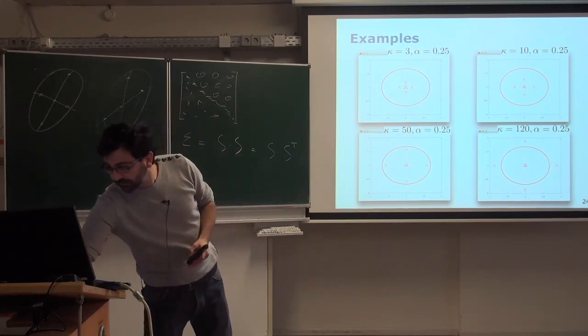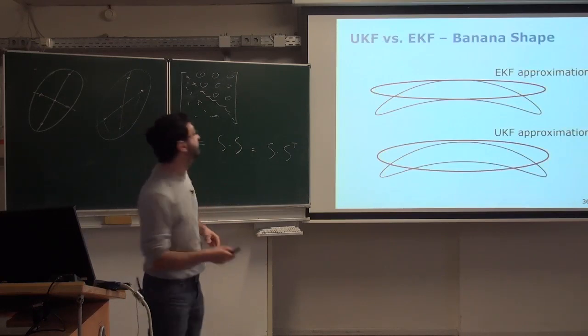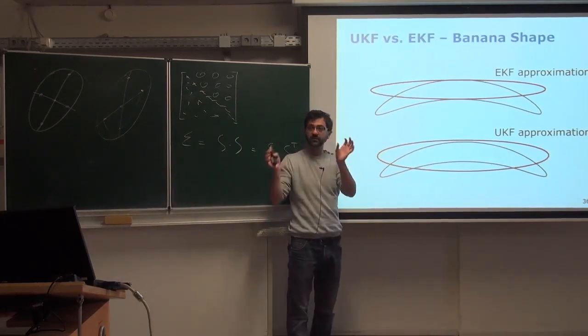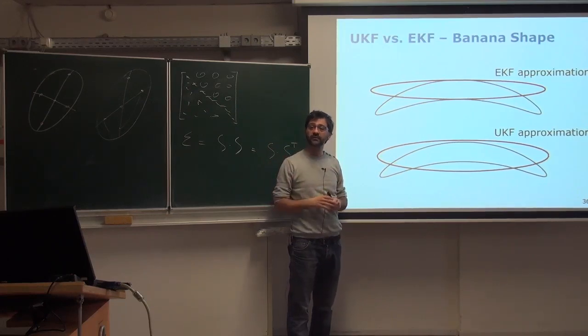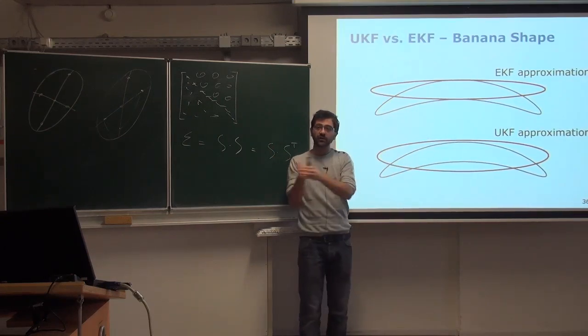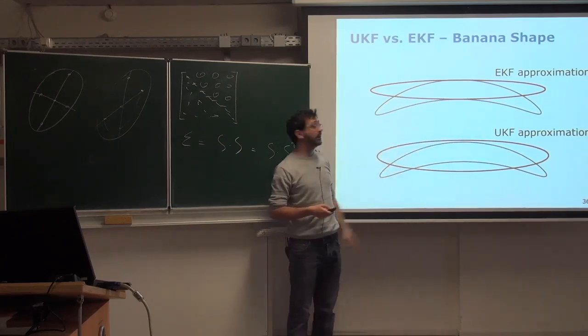I'll put a slide first, because there is a nice example. I wanted to do it later on, but this is probably the right time. Imagine that you have a distribution like this when you use angles. You remember it from the initial discussion on the models. This is a nonlinear motion model, and according to how much noise you have in your angle, you get something close to a banana shape.